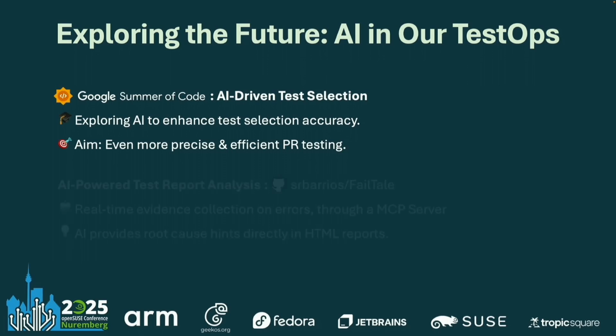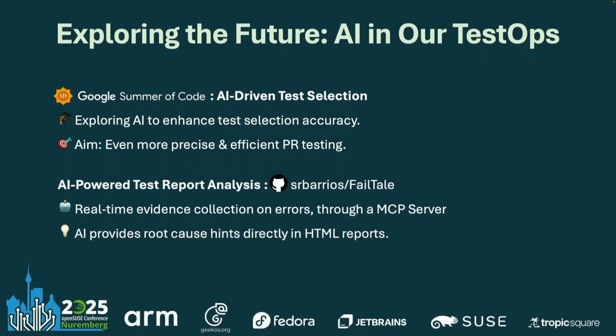And then from the other side, we are looking into AI-powered test report analysis. The idea here is that when a test suite shows an error, an AI agent can immediately start working. This isn't just passively looking at data. The system is designed to connect through SSH to the specific target systems involved in that failed test.